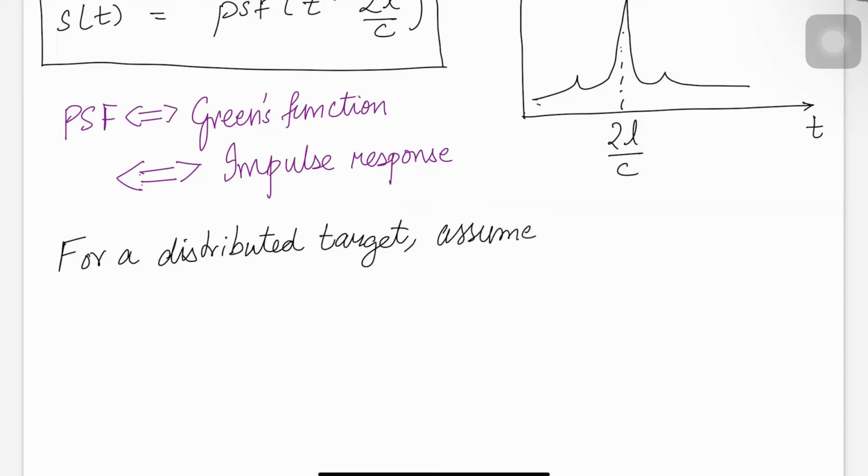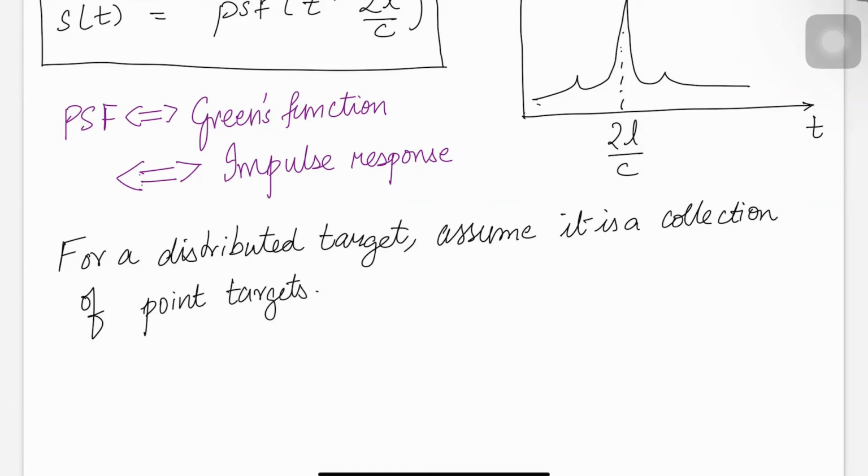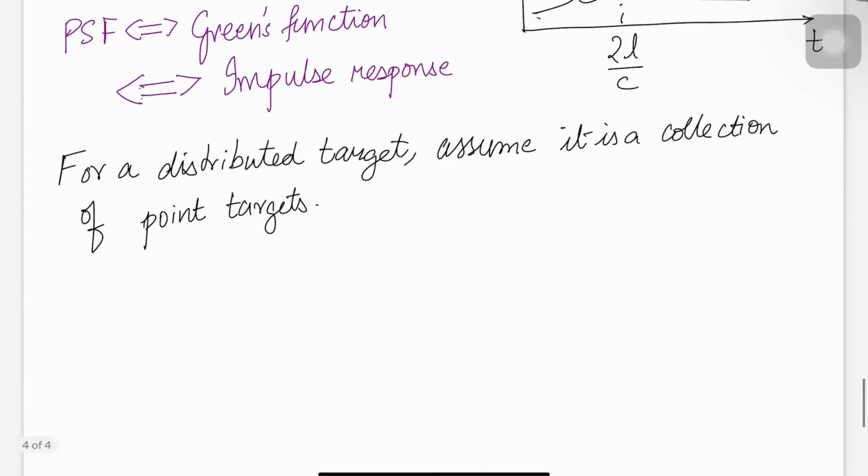We just assume it is a finite collection of point targets. So for all practical purposes, that's fine to do. So let's assume that there are n such point targets.